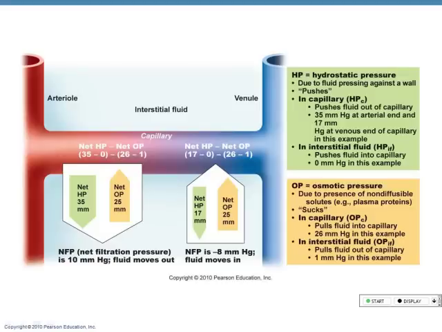So when we have a net pressure of 35 millimeters of mercury and an opposing pressure of 25 millimeters of mercury from what's surrounding these capillaries, where does the stuff in the capillaries want to go? From a high pressure to a low pressure. So the net filtration pressure is 10 millimeters of mercury.